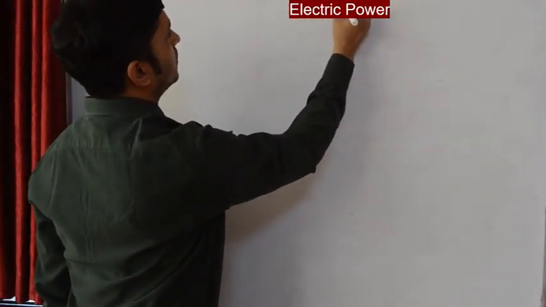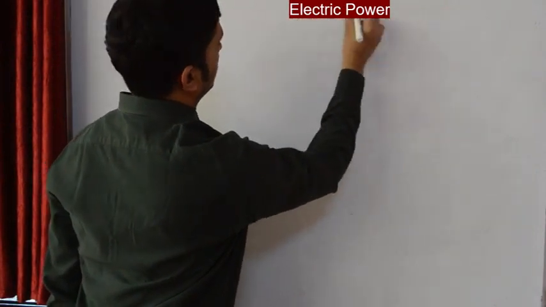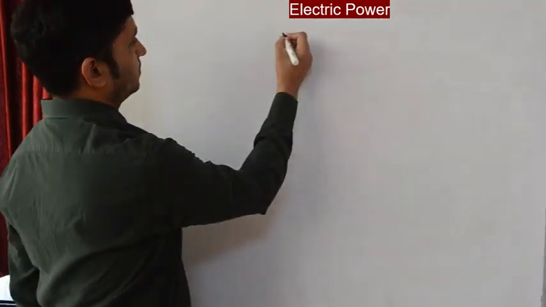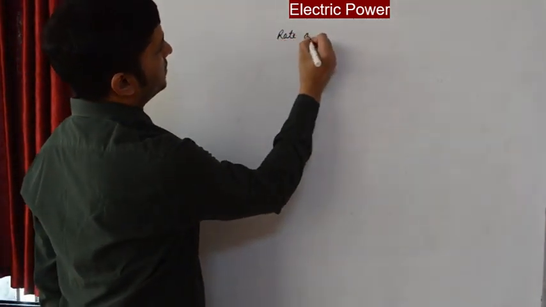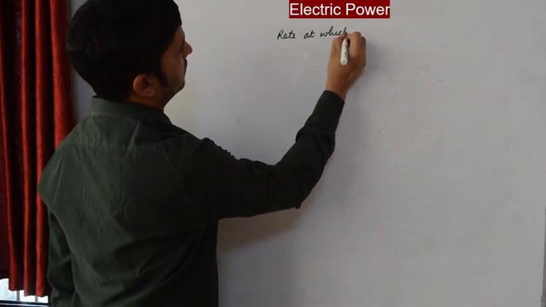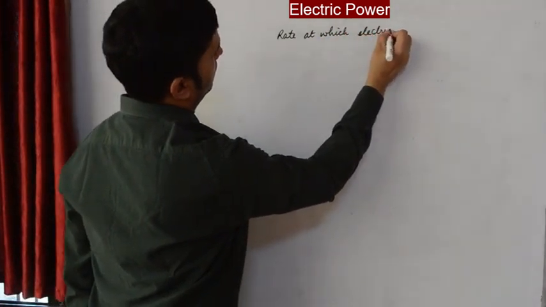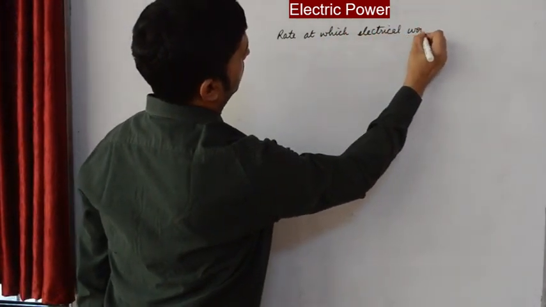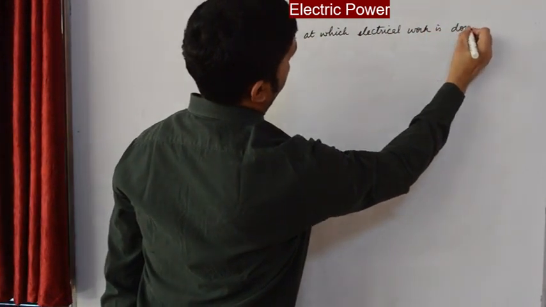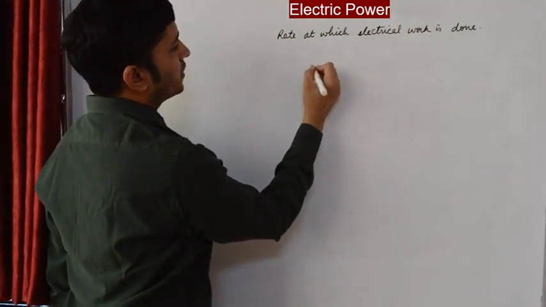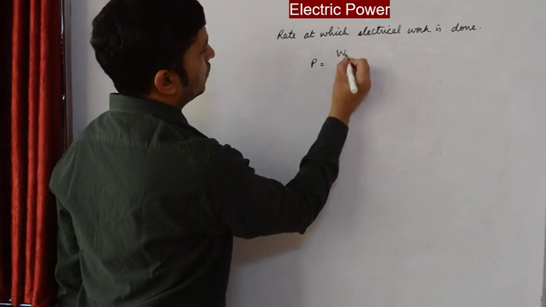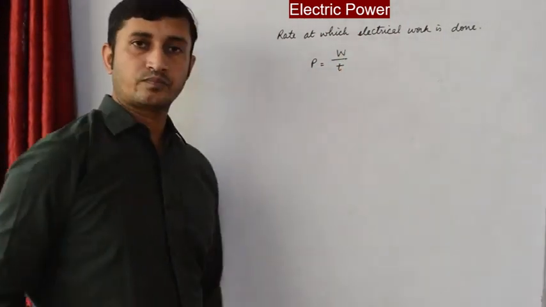Electric power. See, we all know that power means rate of doing work. So here, rate at which electrical work is done is known as electric power. So we can write the power is equal to work upon time.